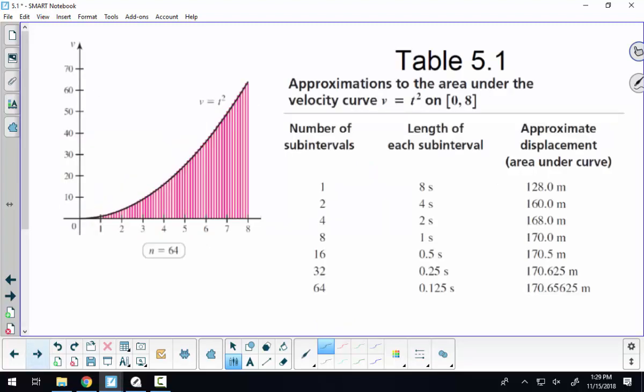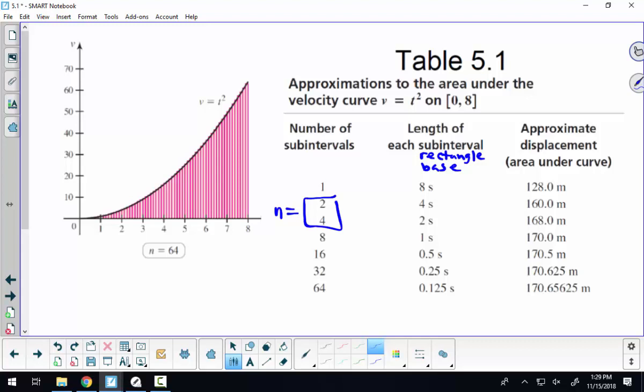All right. So here's a table if we were just to keep going. Here are the 2 that we computed. If we were to do 8, 16, 32, and 64, then our approximations are over here. So here's the length of each subinterval or rectangle, the length of the base of each rectangle as we increase the subintervals, and then their appropriate approximation.